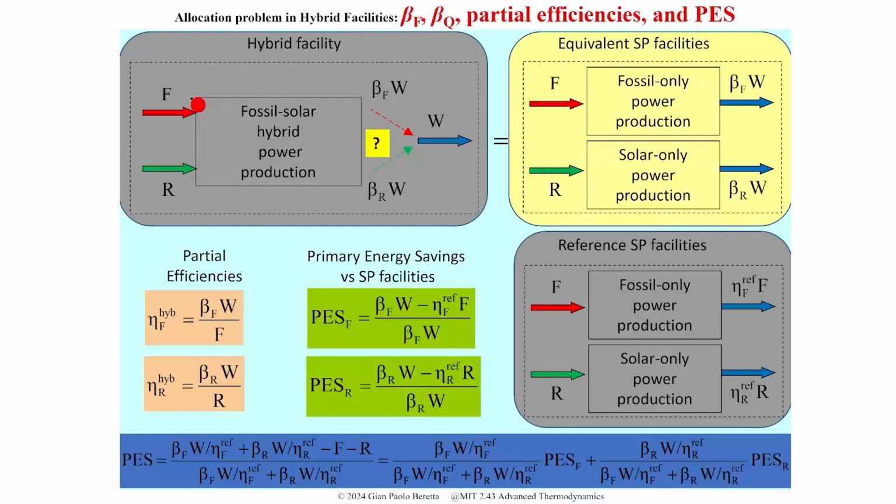So it is important in this case also to determine these fractions, the betas, the fractions of the product that can be understood as being the product of the fossil or the product of the renewable part.